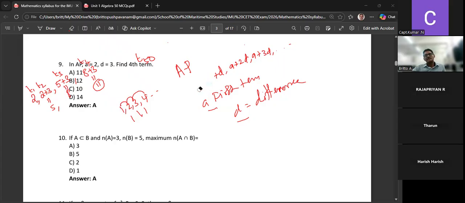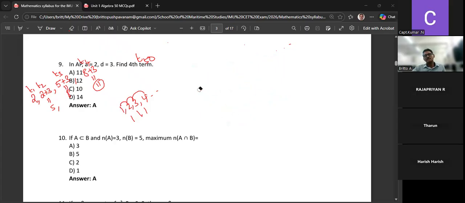The nth term formula of an AP is Tn equals a plus n minus 1 into d, right?